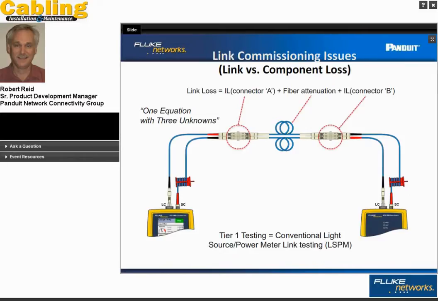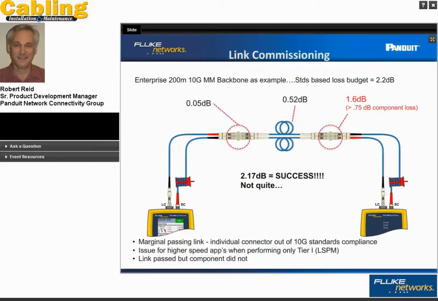And again, that's important in the context of 10 gig because there is an expectation on both return loss on a component basis and insertion loss on a component basis. I'll just show you a scenario where I could pass a link. I've done my permanent link test here, and my standards-based loss budget from the previous slides is 2.2.